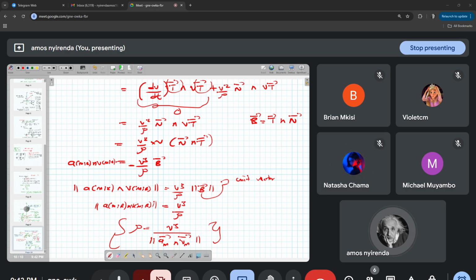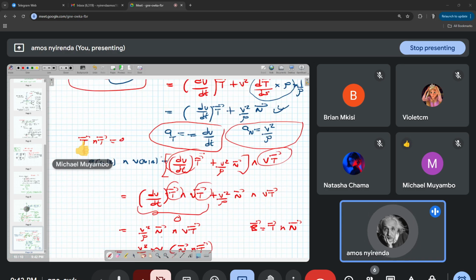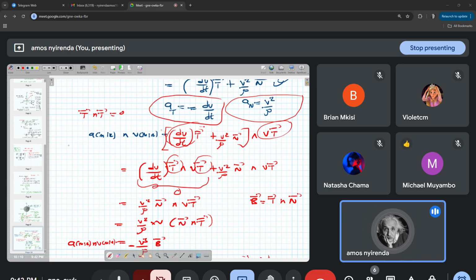So for the last part, what I was saying is, we're looking at this quantity. We've taken the vector product between the acceleration and the velocity. I've put the formula for acceleration and the formula for velocity. Then I said that the vector product is distributive.